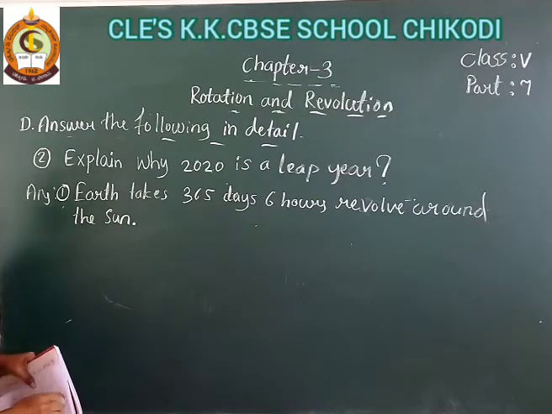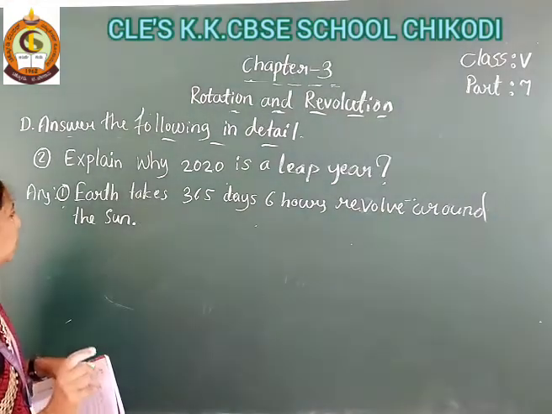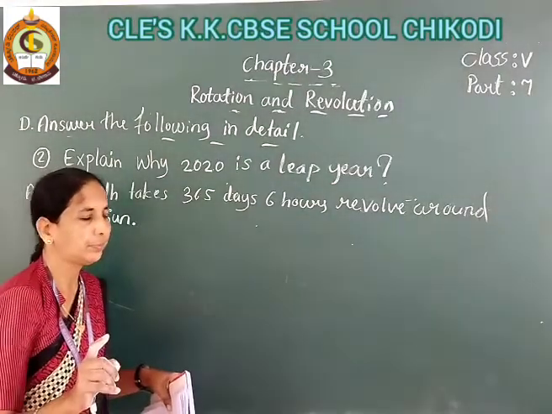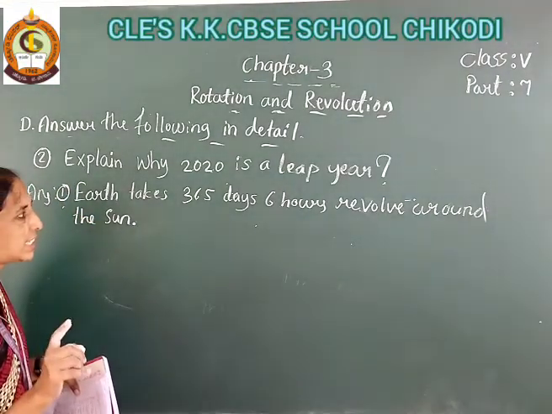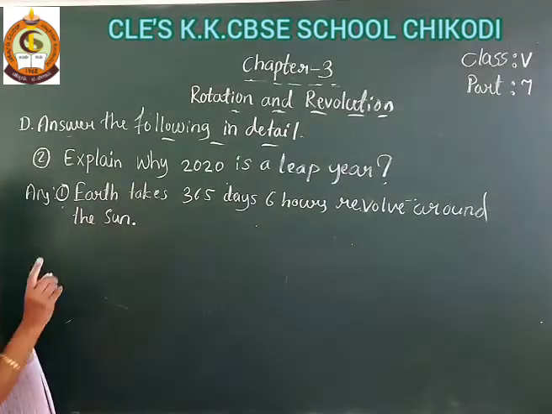See students, Earth takes the time 365 days and 6 hours to revolve around the sun.